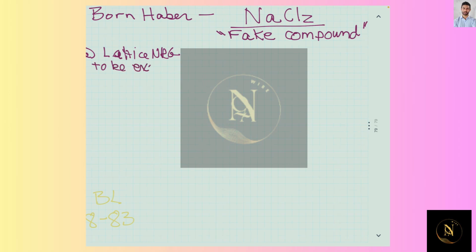We are asked how large the lattice energy would need to be for formation of NaCl2 to be an exothermic reaction.